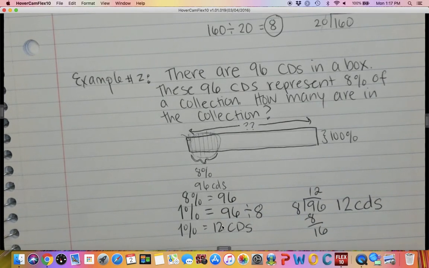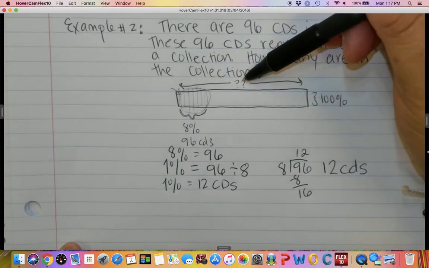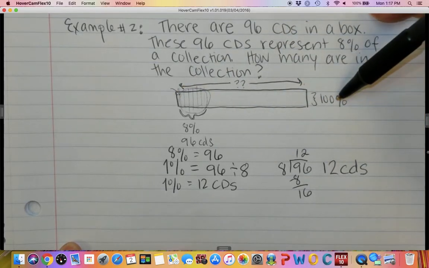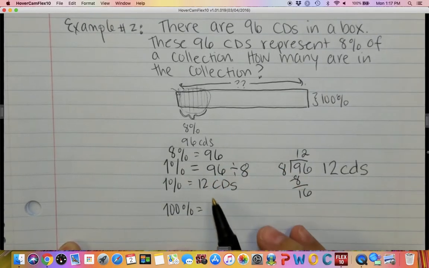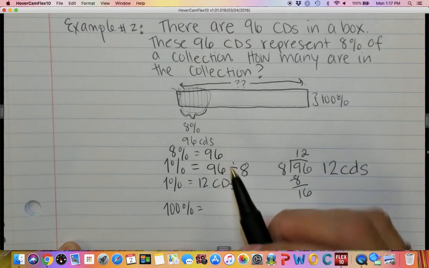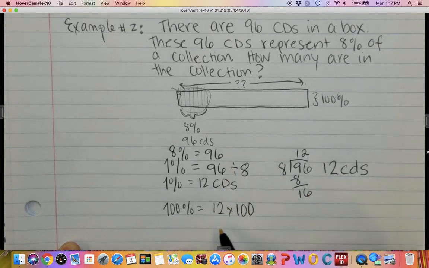Once I know what 1% is, I can go from there and figure out everything else. So if I'm looking for how many are in the collection, I'm looking for the 100%. So if 1% is 12 CDs, then 12 times 100 gives me the total amount in the collection.